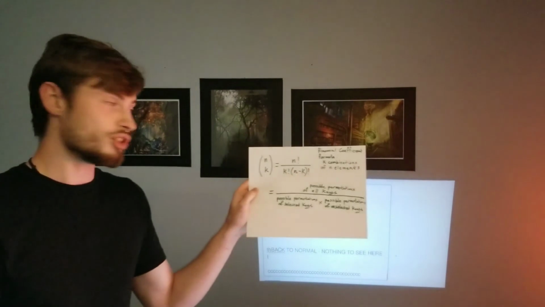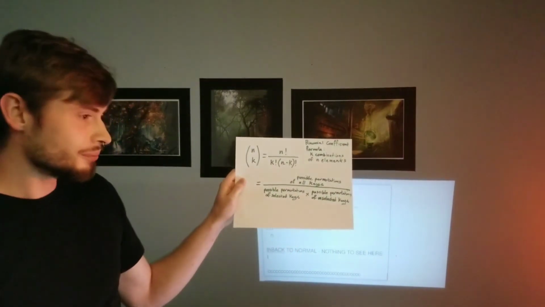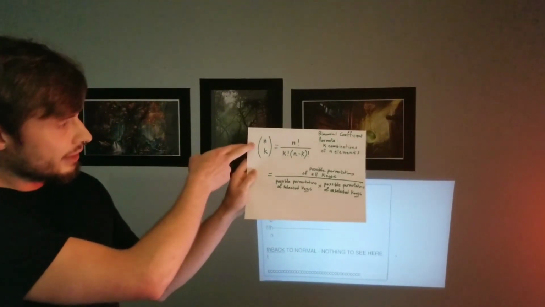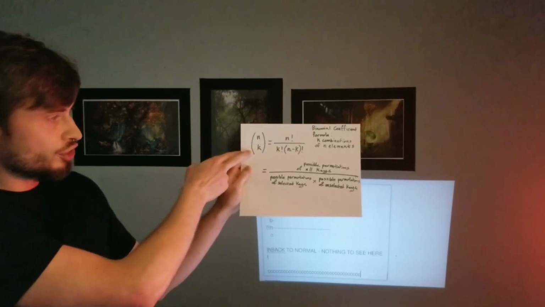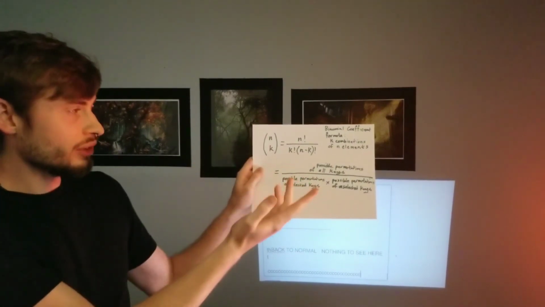transition is described by the binomial coefficient formula, which is n keys, n total keys, choosing k keys from those n possible keys.